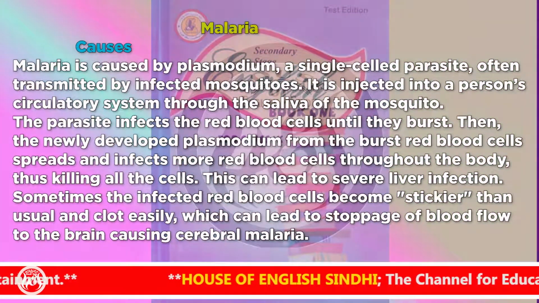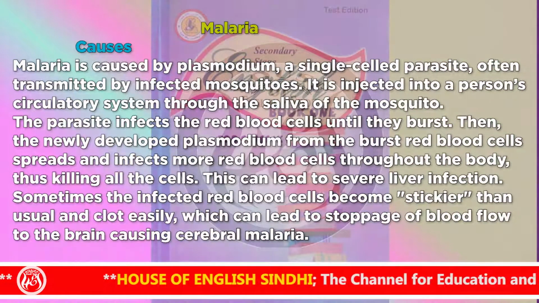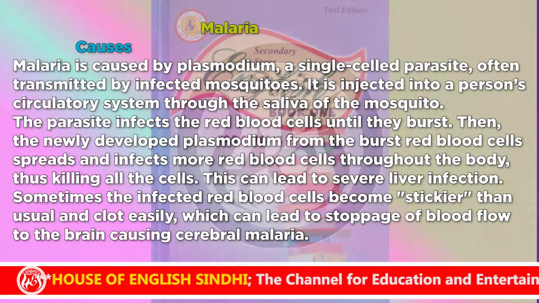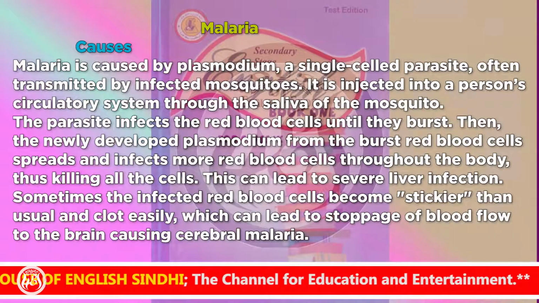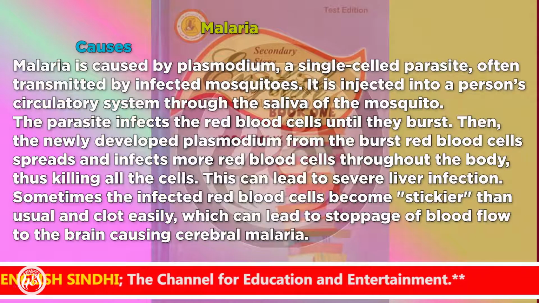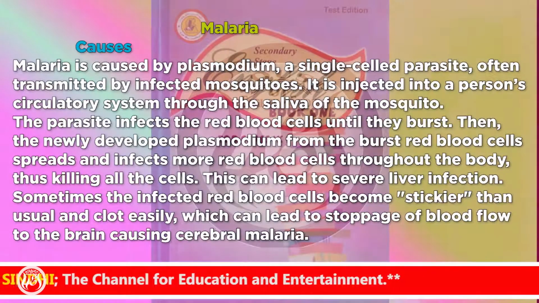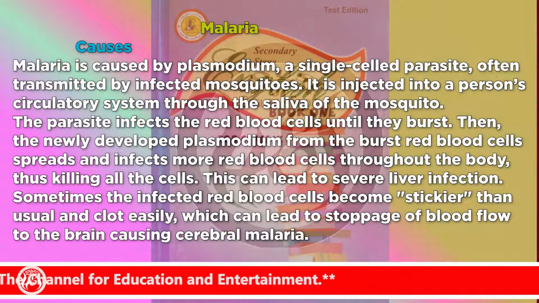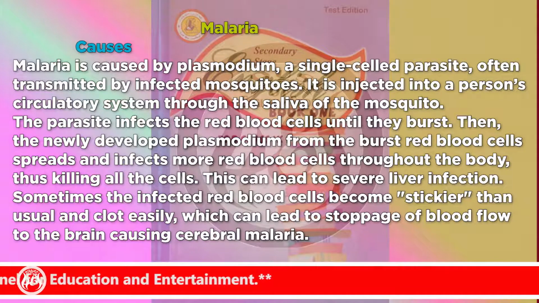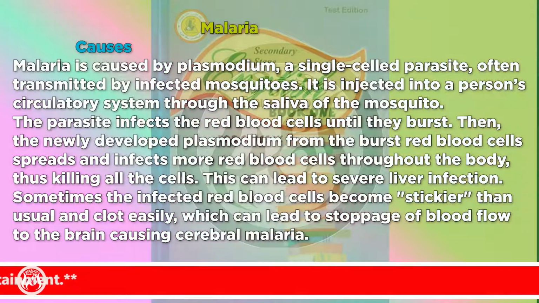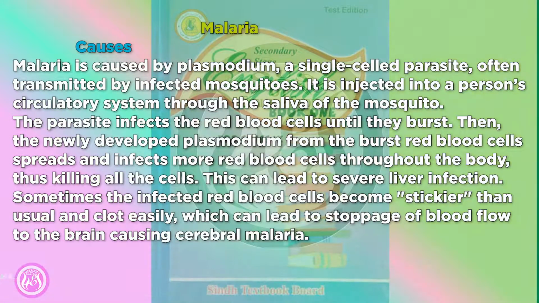Malaria causes. Malaria is caused by Plasmodium, a single-celled parasite, often transmitted by infected mosquitoes. It is injected into a person's circulatory system through the saliva of the mosquito. The parasite infects the red blood cells until they burst.